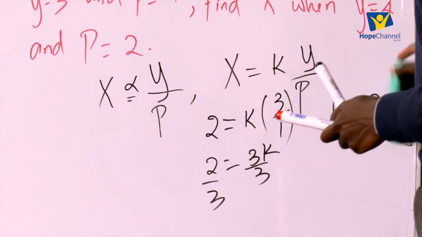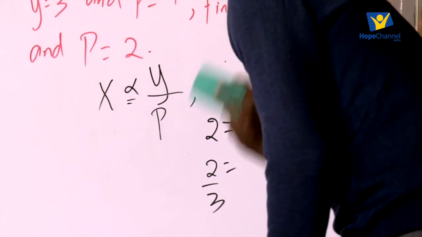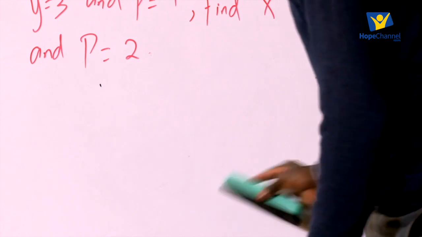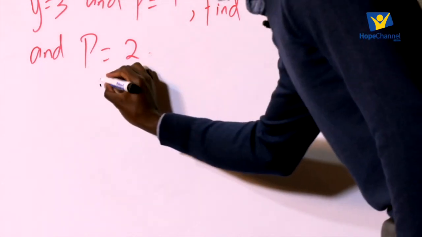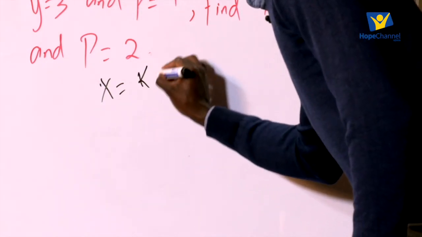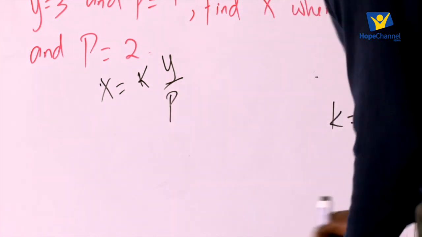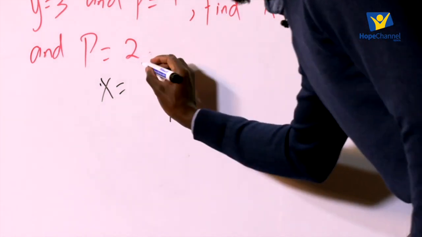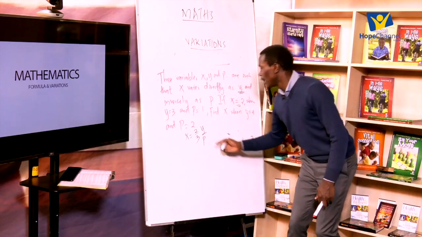After finding the value of k, remember we said x is equal to k y over p. Now because we have k as 2 over 3, we're going to substitute with k. So we have 2 over 3 y over p.